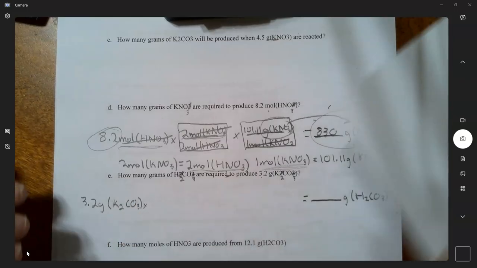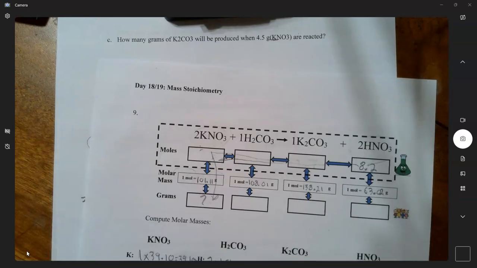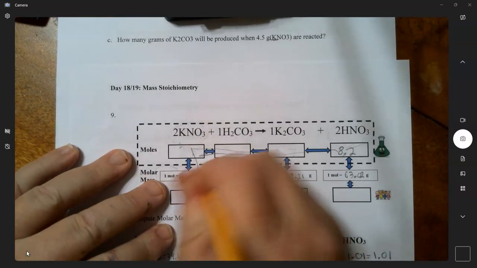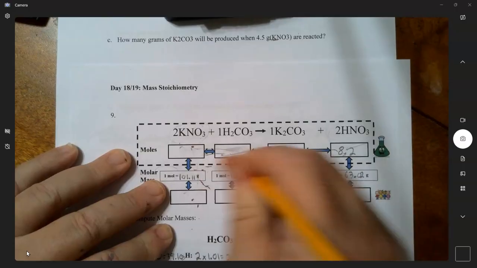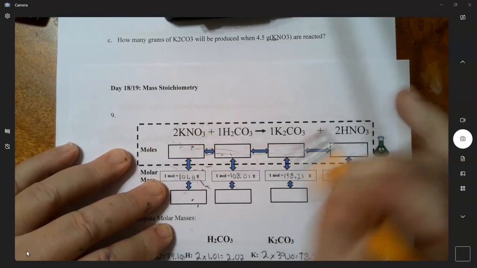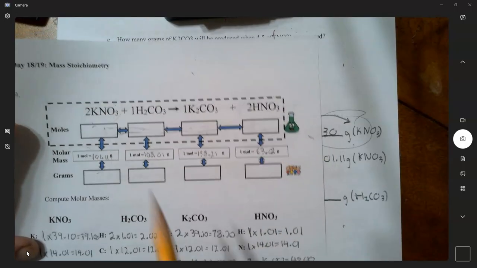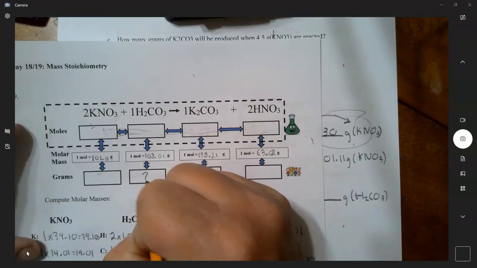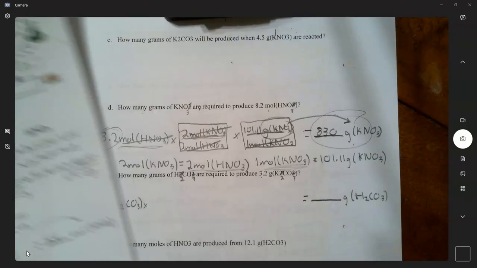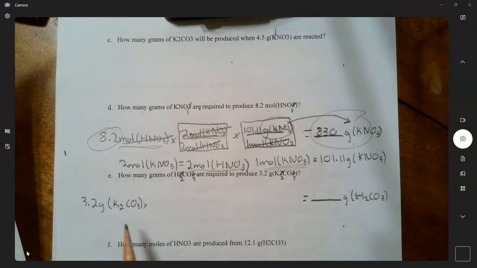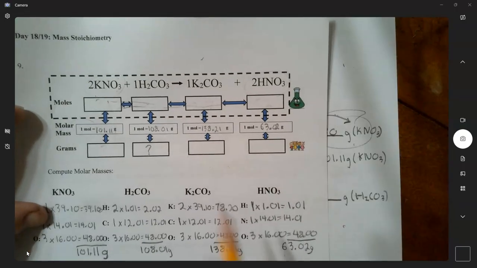So we come over here and we're going to clean up our flow chart. Grams of H2CO3 is down here, and we're starting with grams of K2CO3, and it's 3.2.